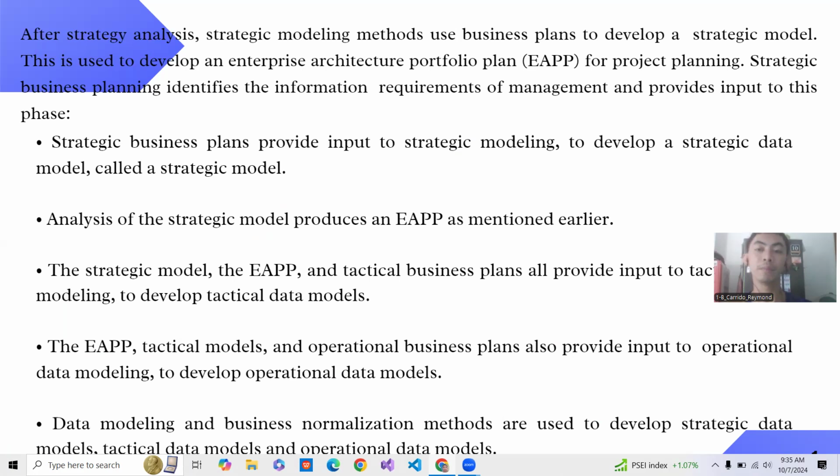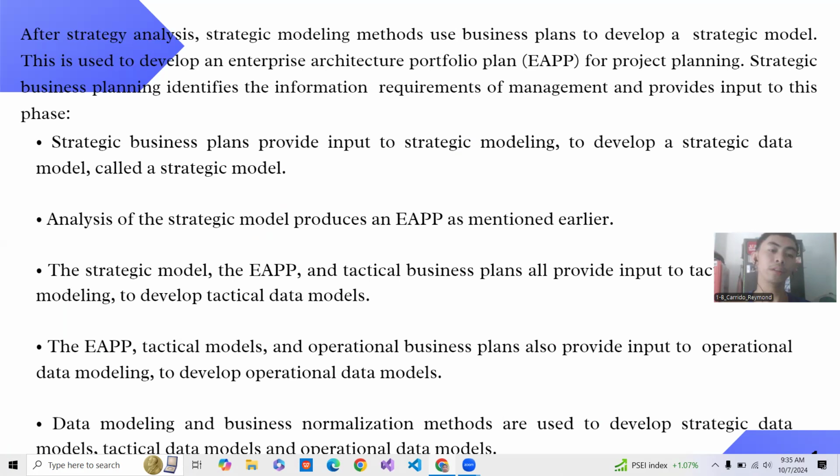So, the EAPP has several components. First, strategic business plans provide input to strategic modeling to develop a strategic data model called the strategic model. Next, analysis of the strategic model produces an EAPP, as mentioned.